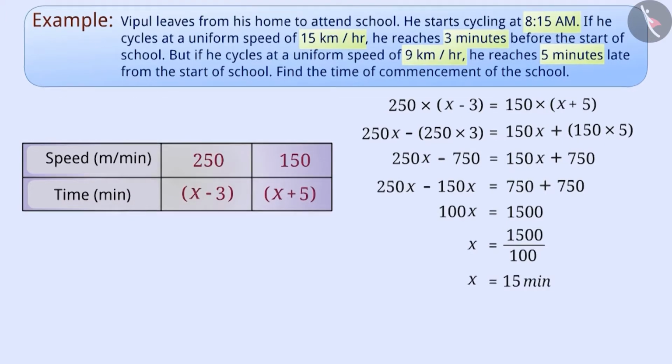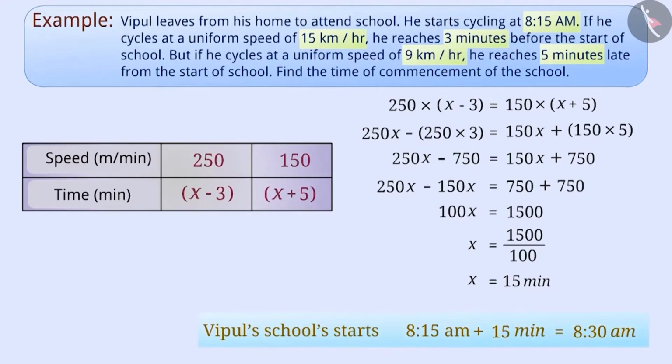That is, Vipul has 15 minutes to reach the school on the scheduled time. Therefore, we can say that Vipul's school starts 15 minutes after 8:15 am, that is, 8:30 am.